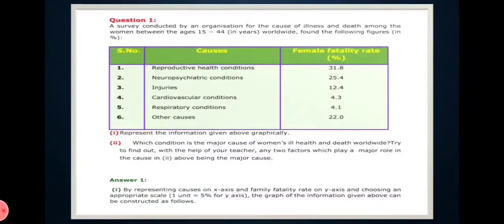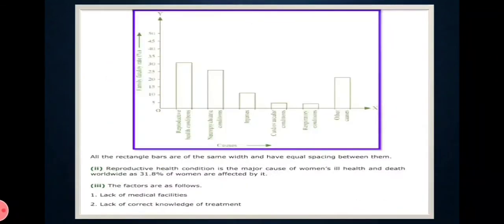On the x-axis we take the causes of illness, and on the y-axis the female fatality rate in percentage. Now let's represent the graph.